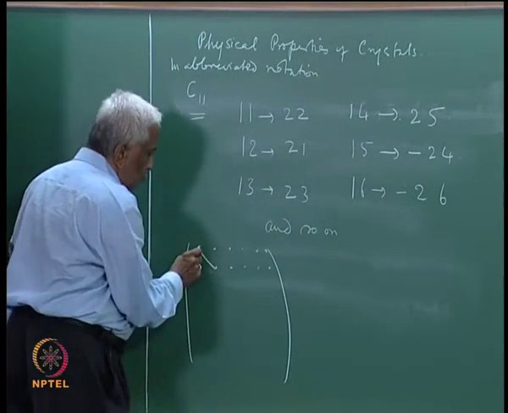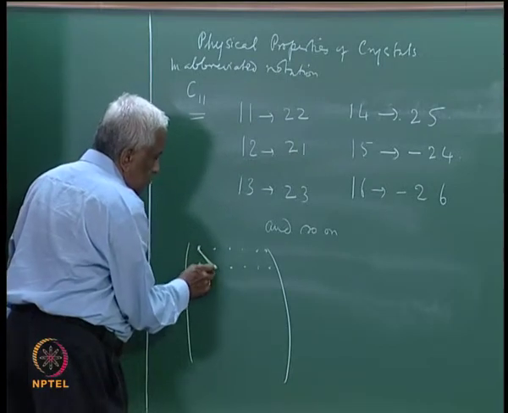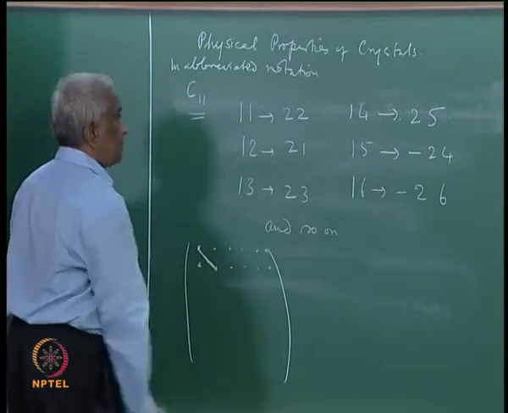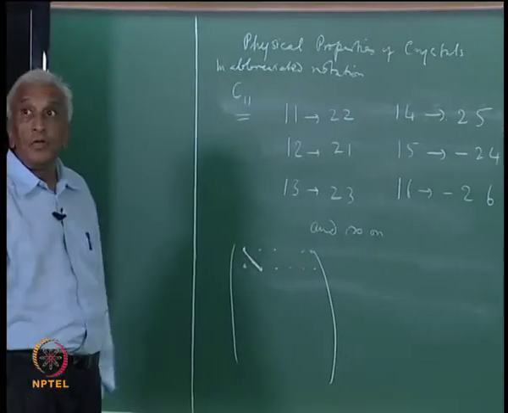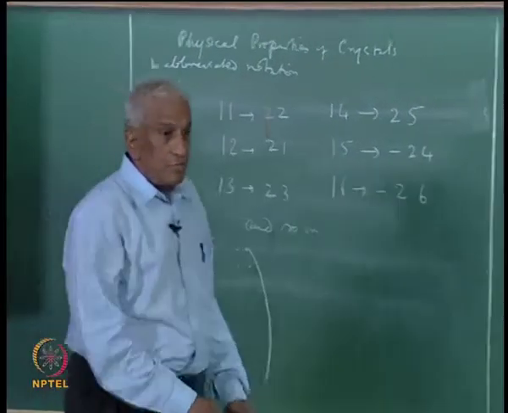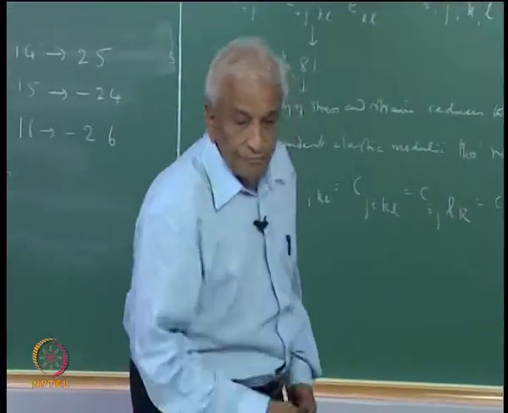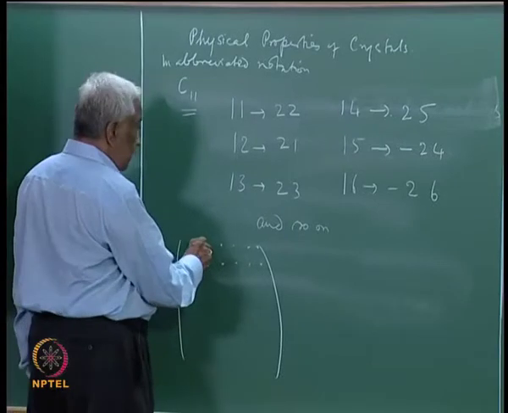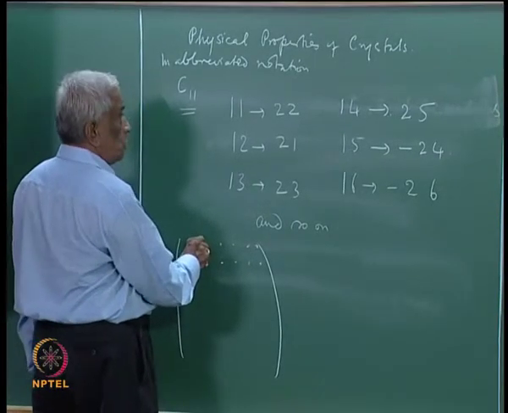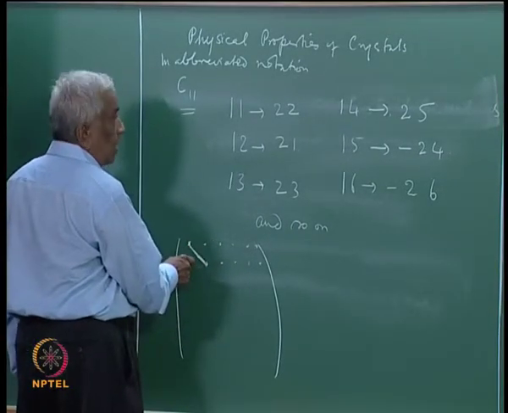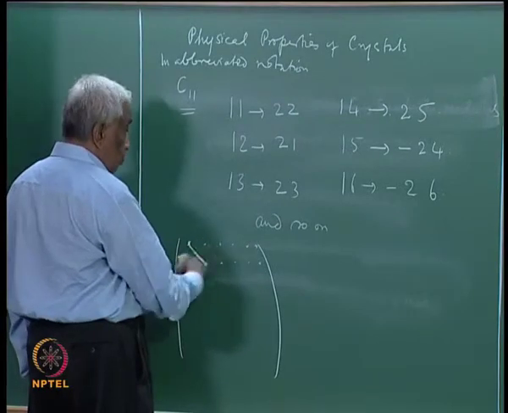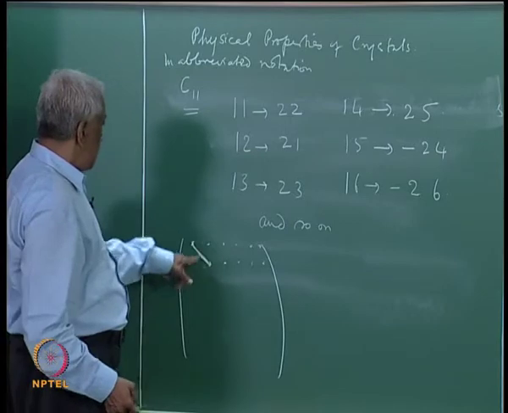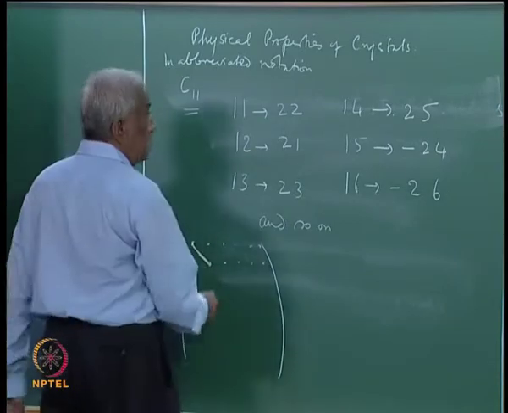This line shows that 11 and 22 are equal, and therefore, are no longer independent. In the same way, we can check the others, and the result that we get is this is C12, and that simply becomes 21. So, it just goes to it, but they are not equal, and therefore, this and this remain.